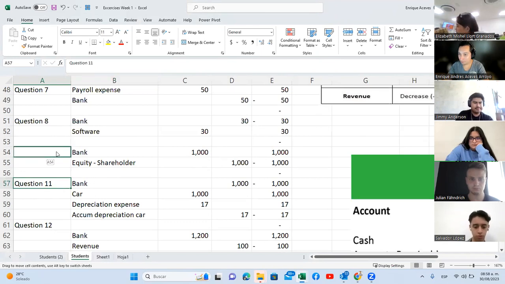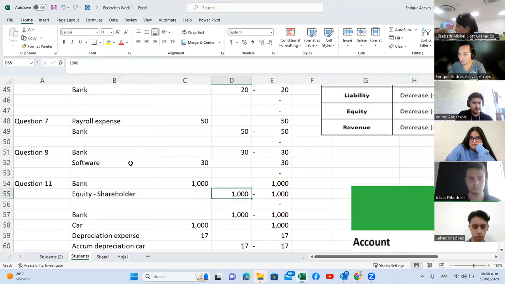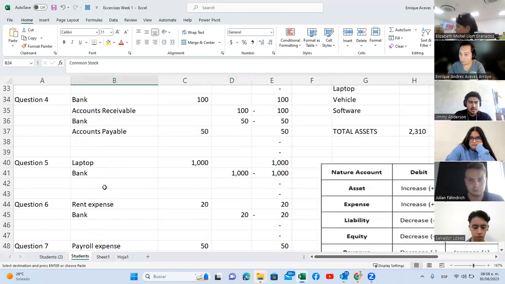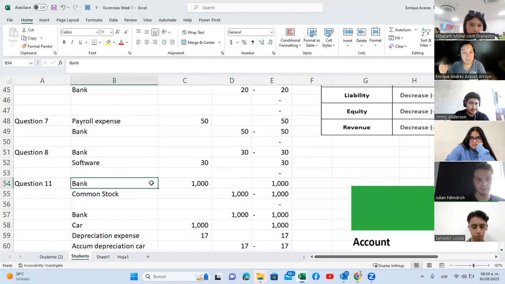No, this is question 11. Bank and equity. Wait. It's not the same account that we used before. Common stock, okay? What are the two types of stocks, guys? Just a cultural thing. ¿Cuáles son los dos tipos de acciones en las empresas?